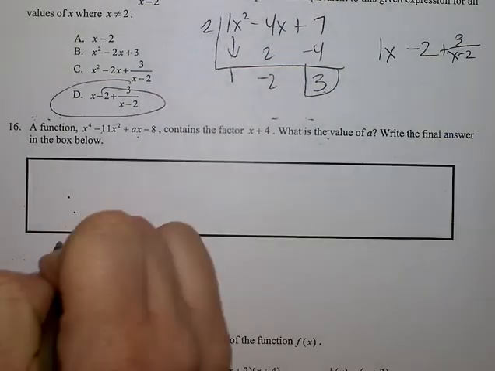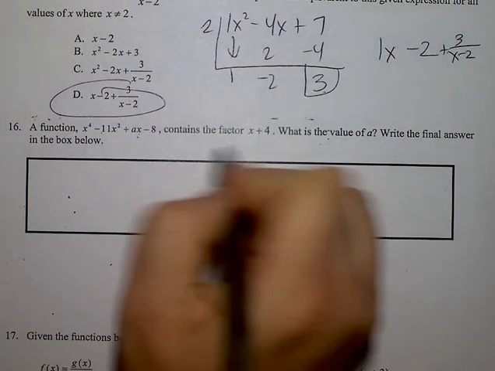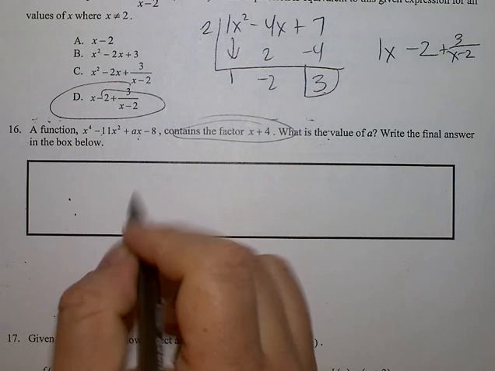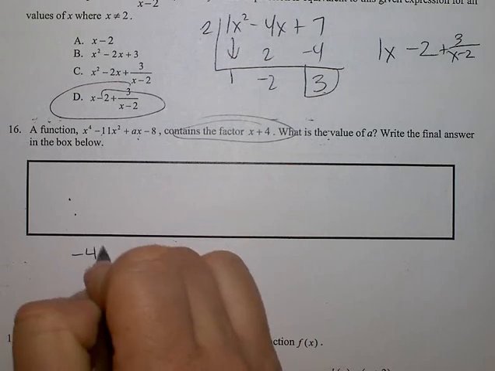Feel free to glance up if you want to check. By the way, circle where it says contains a factor. What does that mean to us? It is a factor. What else does it tell us? It's going to work.